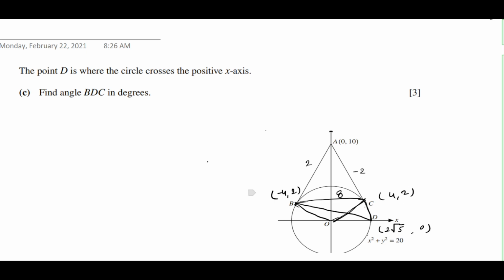We also know the center of the circle. The radius is what? It's 2 root 5. This also we know, it's 2 root 5. So 2 root 5, 2 root 5. So I can find the angle at the center using the sine rule or cosine rule.